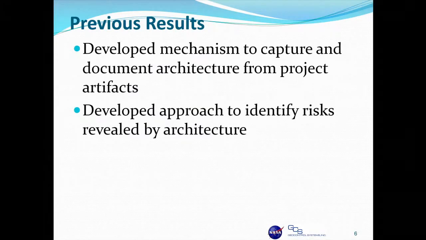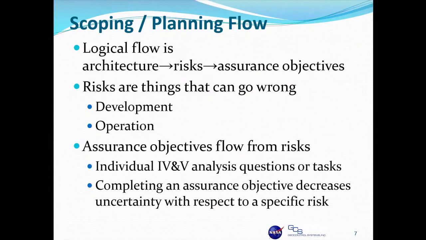And based on that identification of the architecture, we then extended that to an approach to identify the set of risks associated with each of the architecture elements that we identified. And so that set of risks leads to the analysis work that IV&V is going to do.